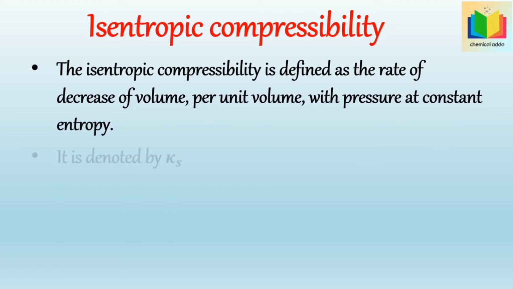It is denoted by kappa S. Hence kappa S is equal to minus 1 by V into del V by del P at constant entropy. In this equation, the negative sign is used in order to keep the value of kappa S positive, since an increase in pressure will lead to a decrease in volume.